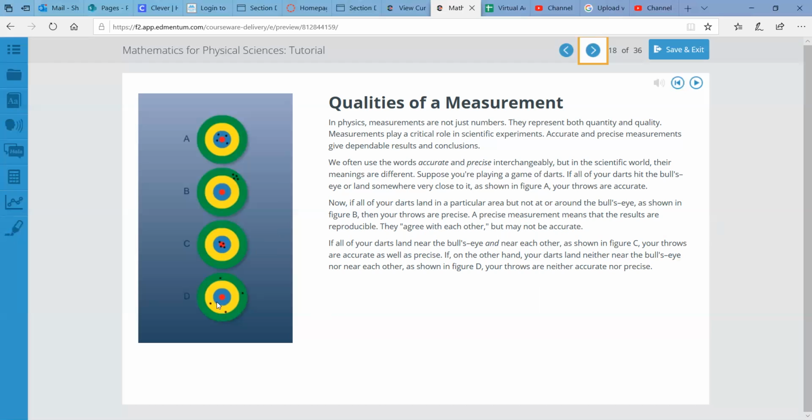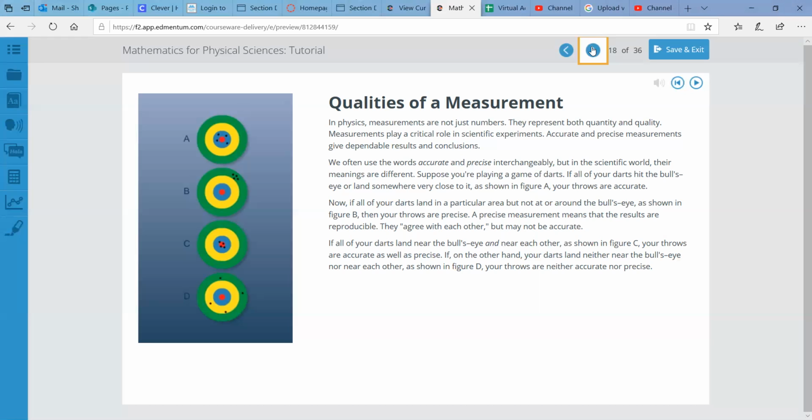But if you're neither accurate nor precise, you're missing the target and nowhere near close to the other ones. Okay, this is the best place to be because you want to be right, and you want to be right every time. This is like you're right, but you're not always right in the same way. And this is like you're getting the same thing every time, but you're not right. Okay.